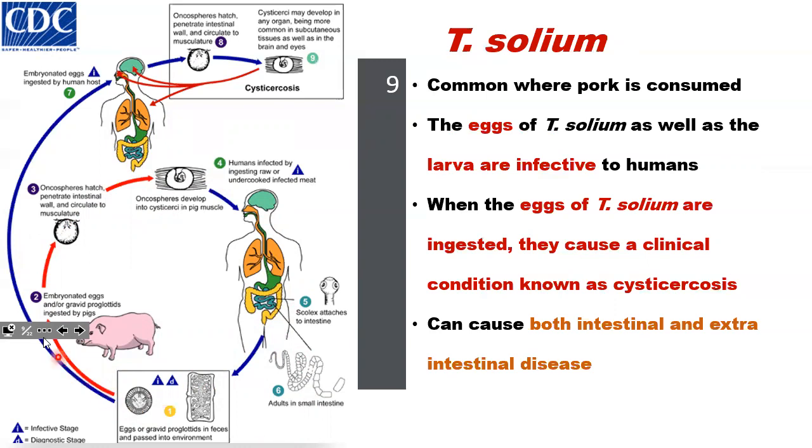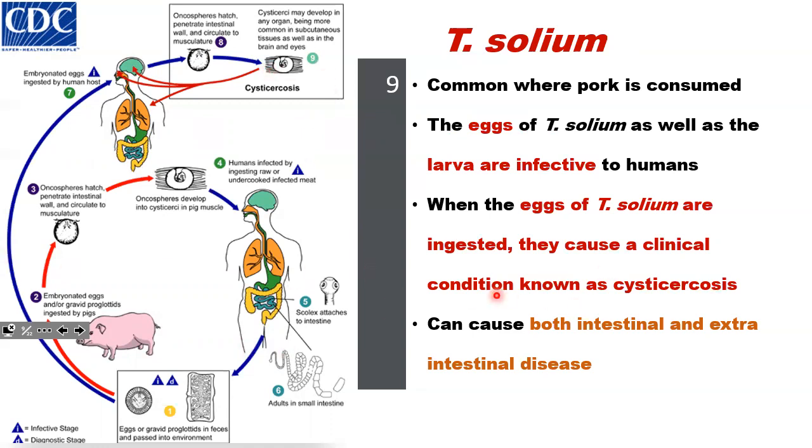Or you can have an extra intestinal infection, and that's the important one that you should take note of. Usually patients with cysticercosis can present with recent onset history of seizure disorder. So this is an adult who's never had seizure before in his life, and then in his adulthood, he starts to develop seizure disorder. You should include cysticercosis on your list of differentials. So that's why we are discussing this particular parasite.